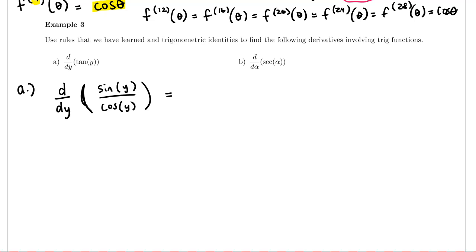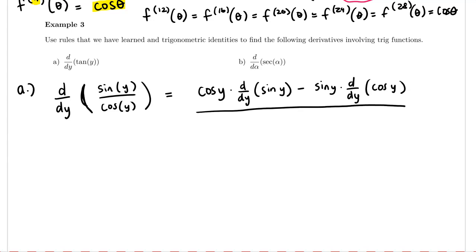So I'm going to write this out. It's the bottom function times the derivative of the top function minus the top function times the derivative of the bottom function all over the bottom function squared. All right, let's see if we can clean that up.